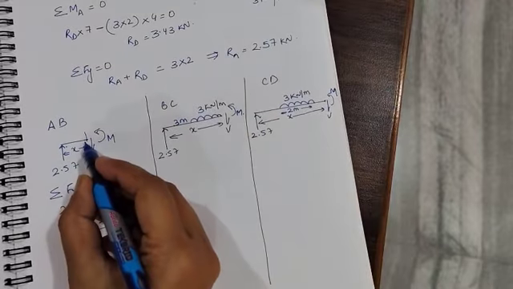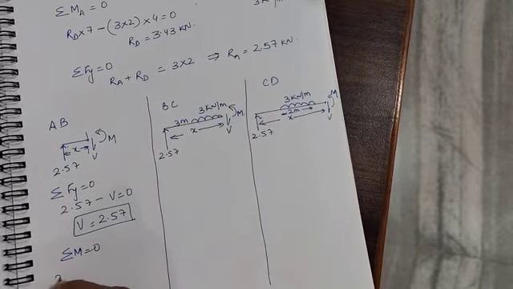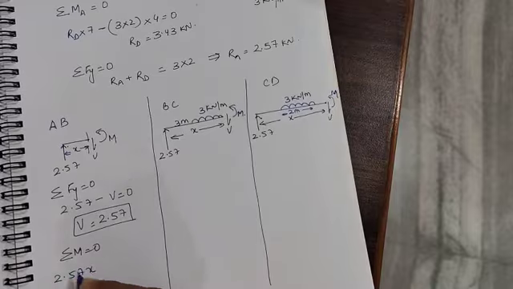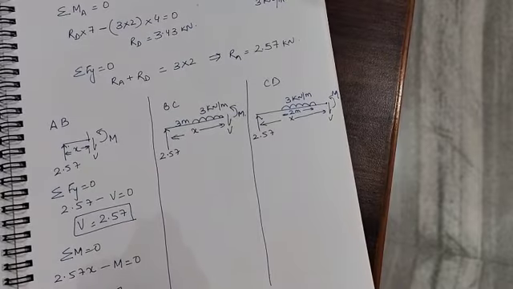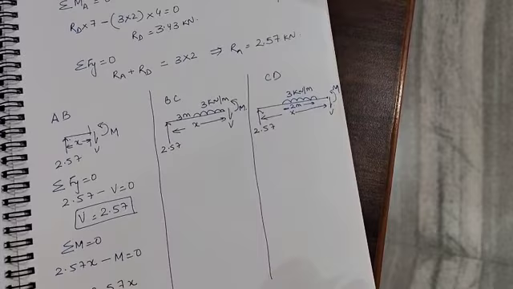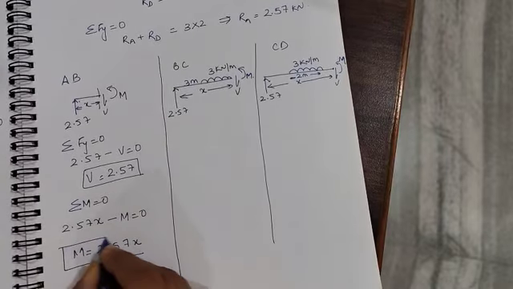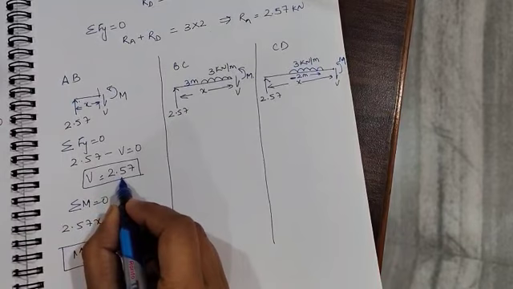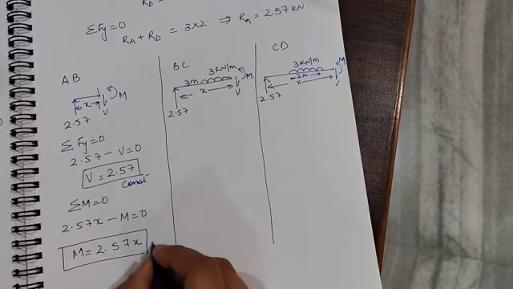So I will write down the moment at this point equal to 0. My equation will be 2.57 into x is clockwise minus M is equal to 0. So M becomes 2.57 into x. Is it okay? So your shear force in this particular section is constant, whereas moment is linear.